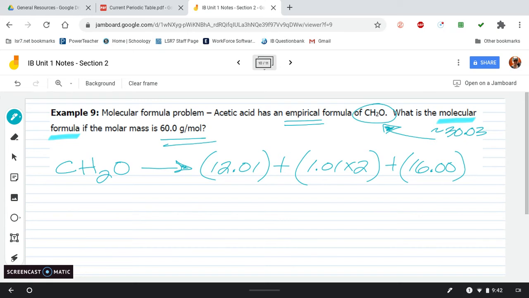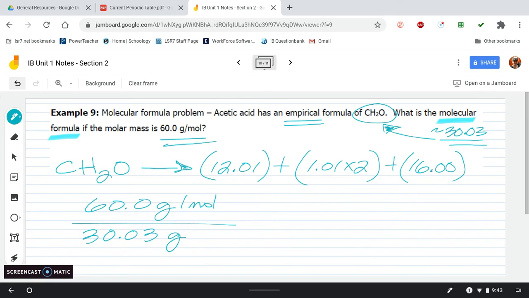We know that the small version weighs 30 and the big version weighs 60. It's really easy at this point. You take how much the big version weighs, 60.0 grams per mole, and divide it by the small version, 30.03 grams per mole.